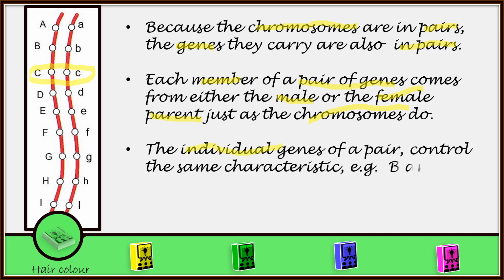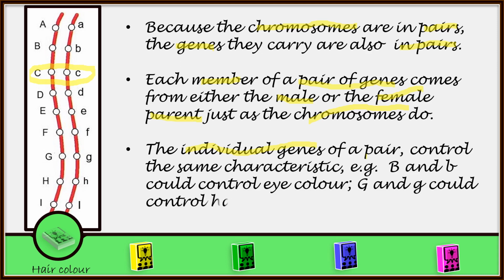The individual genes of a pair control the same characteristics. For example, B capital and B small could control the eye color. Then G capital and G small could control the hair color.